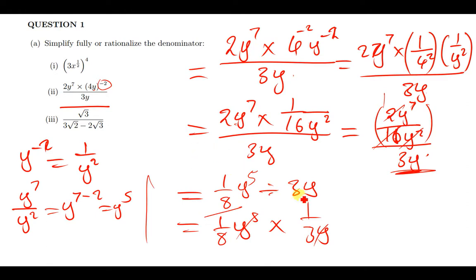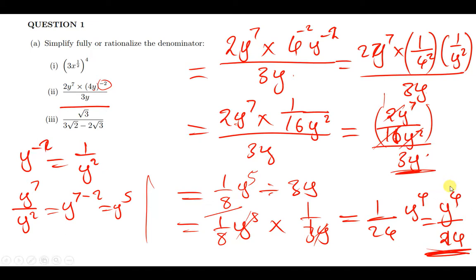So what we are going to remain with is 1 over 3 times 8, the answer is 24. And then we're remaining with y to the power 4, because 1y is cancelled with 1y there. So we're remaining with y to the power 4 on top. So this is exactly the answer that you're supposed to find, y to the power 4 over 24.